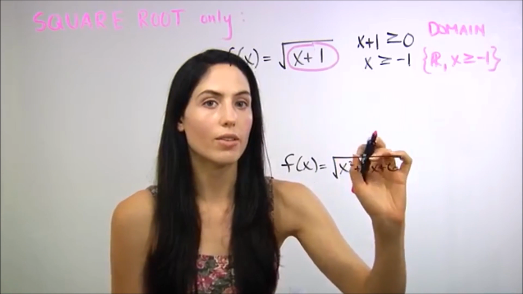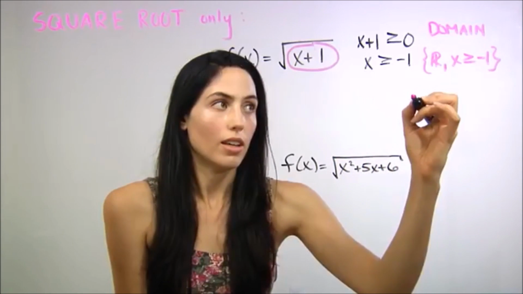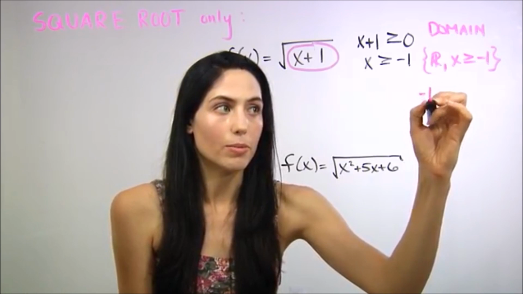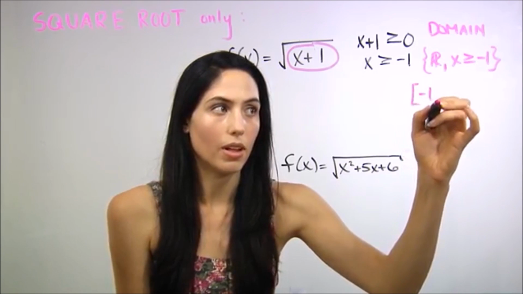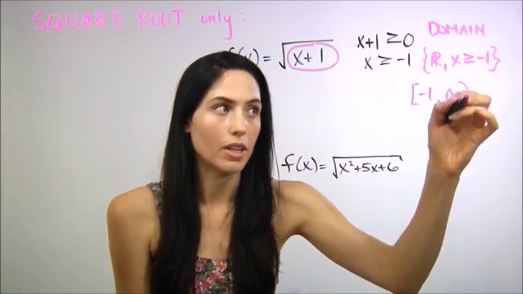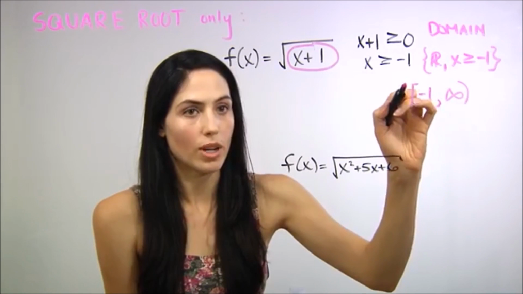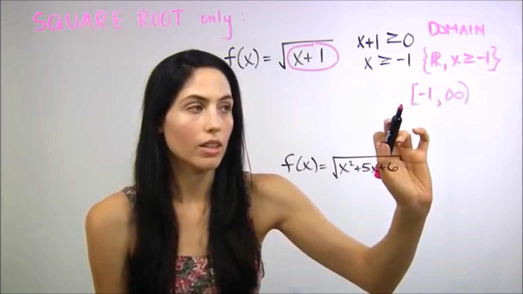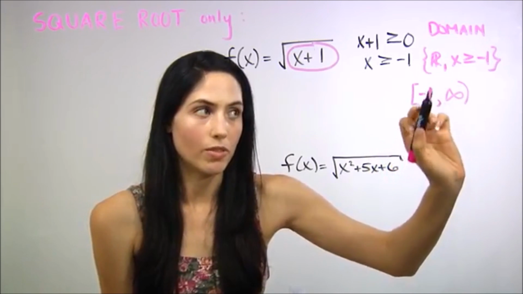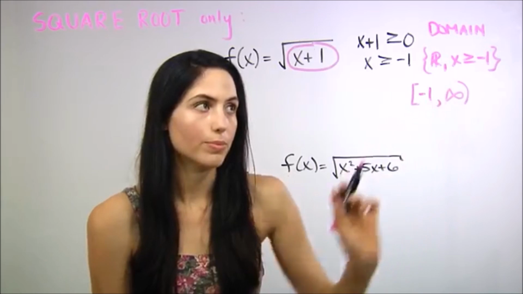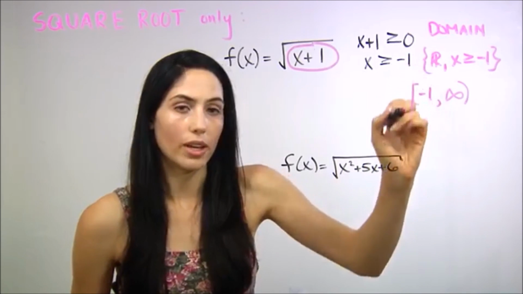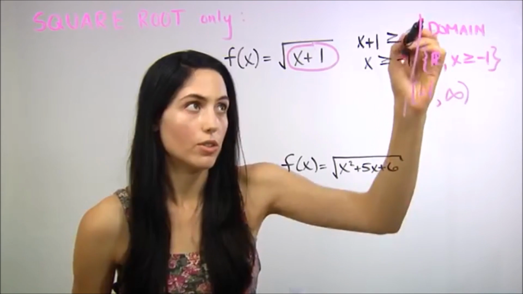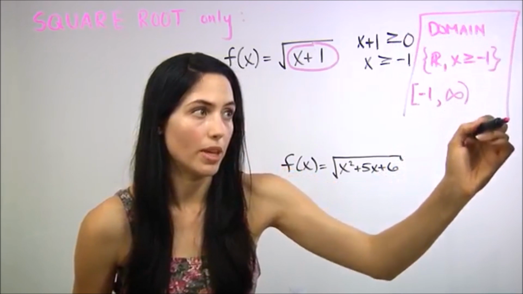Or you can write it in interval notation as everything from -1 all the way up to infinity. Notice that I used a square bracket for -1 because we're including -1, and everything all the way up to infinity, parentheses. So either of these ways is fine as notation for the domain.